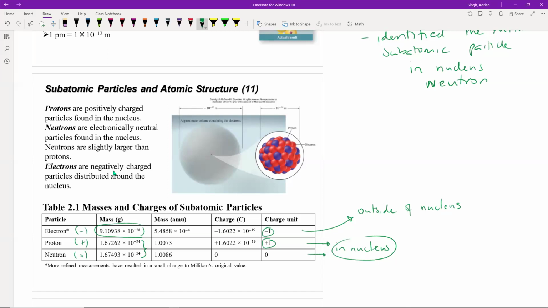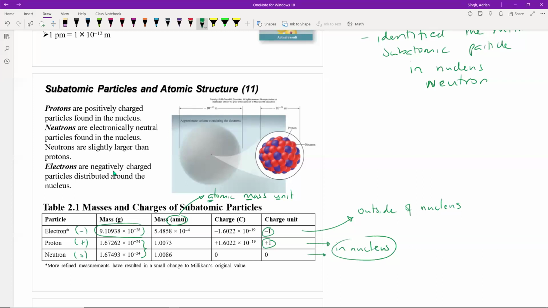So when it comes to this tiny, tiny scale, we use a different measuring unit for the masses of tiny things. It's called the AMU, or the atomic mass unit. And it has an equality in the gram scale. We won't talk about that right now.